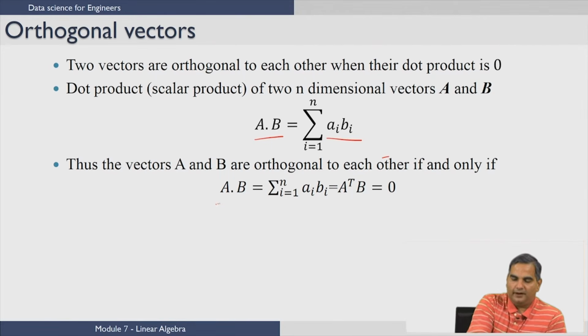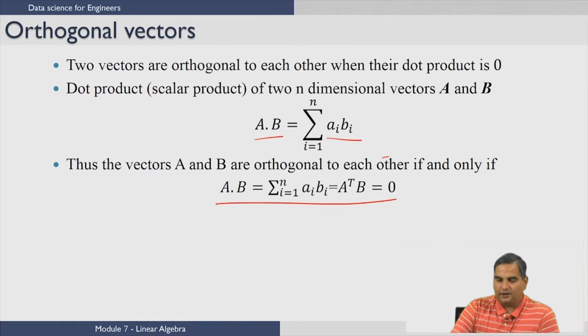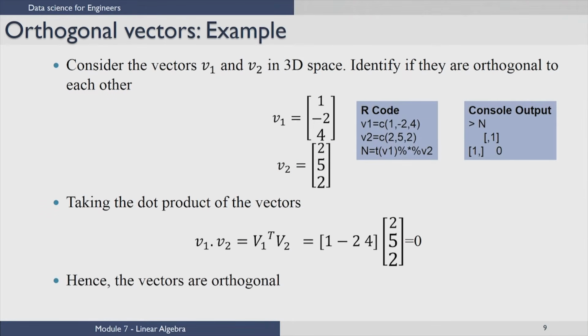This dot product, much like the distance that we saw before, can also be written in a compact form as A transpose B. You can quite easily see that these will be the same, and if this dot product turns out to be 0, then we call these vectors A and B orthogonal to each other. So, let us take an example to understand this.